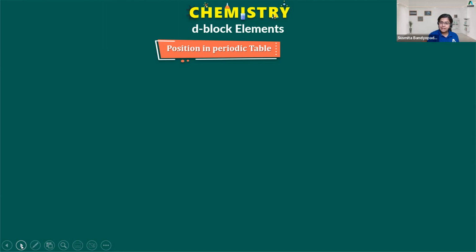And d is basically the penultimate orbital here. It's not the valence shell, it's the shell before last. You know all these things. Students, do you also know the fact that group 12 is not known as a transition element? Yes or no? Group 12: zinc, cadmium, mercury.